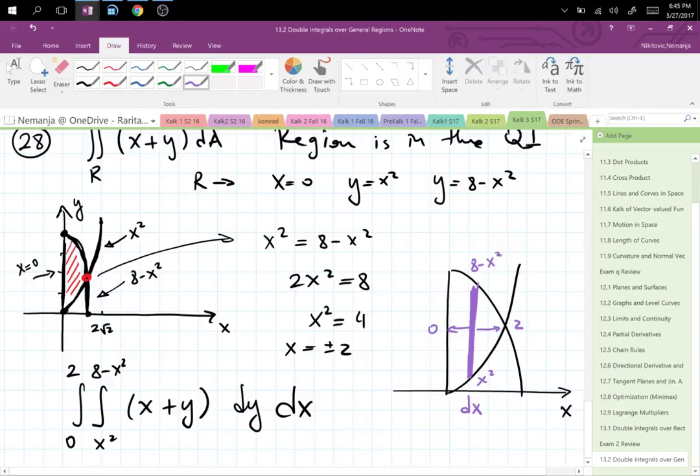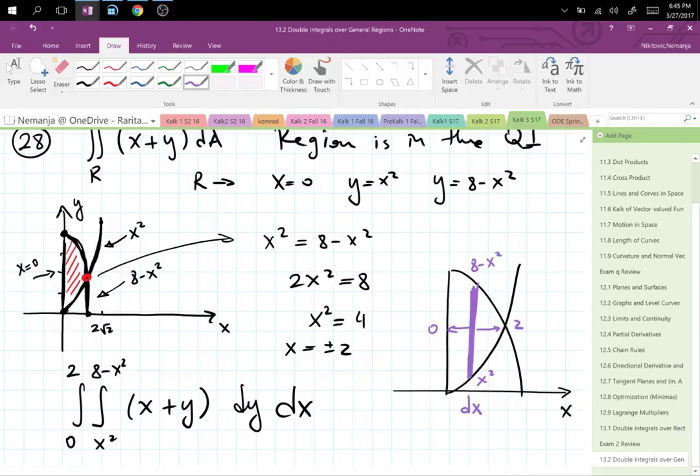Please note that this dx representative rectangle is the one that is on the outer, and we know that dx moves left and right, right? So dx starts swiping at 0 to 2, and the top and bottom are always squeezed between the same functions. The top is always 8 minus x squared.